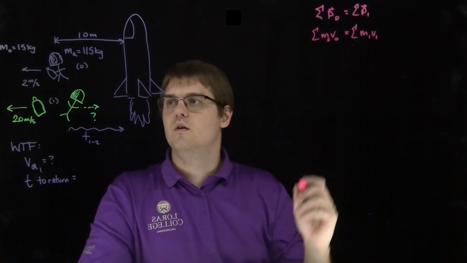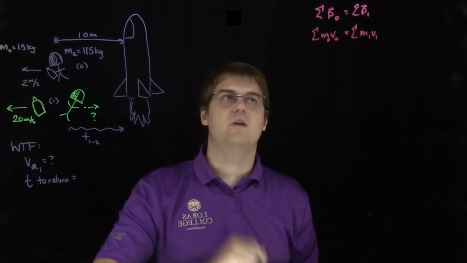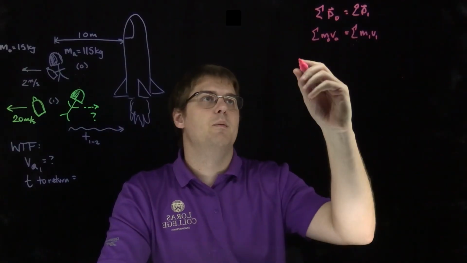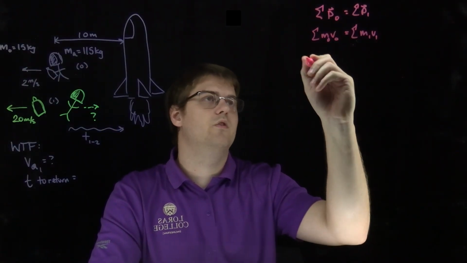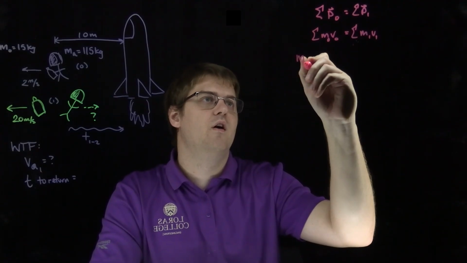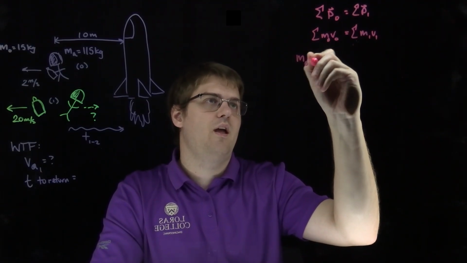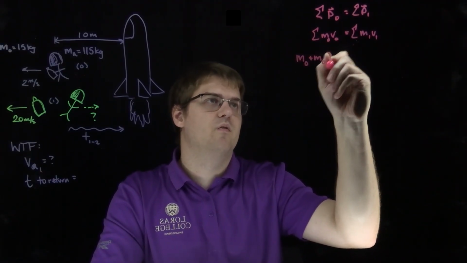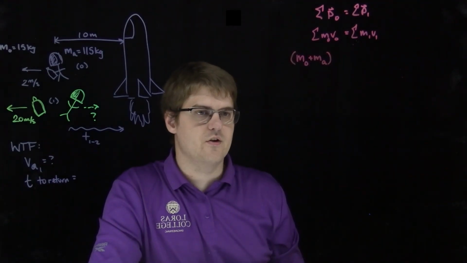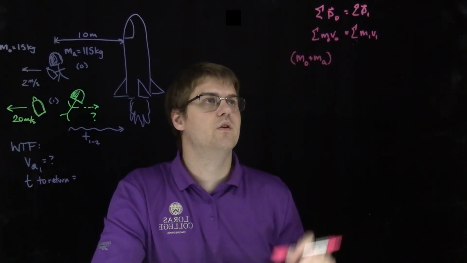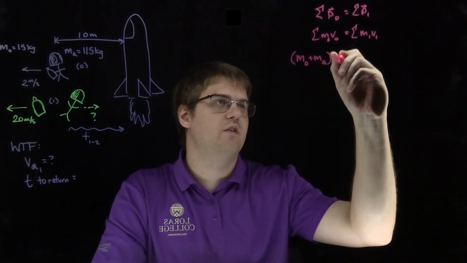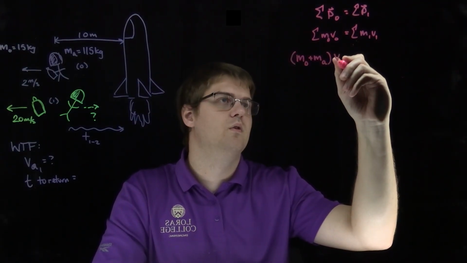So with this, my masses and velocities at 0, we have my mass, the 0 looks like an O. We've got my mass of my oxygen and my mass of my astronaut. And they're currently together as one piece, and my velocity at time 0.